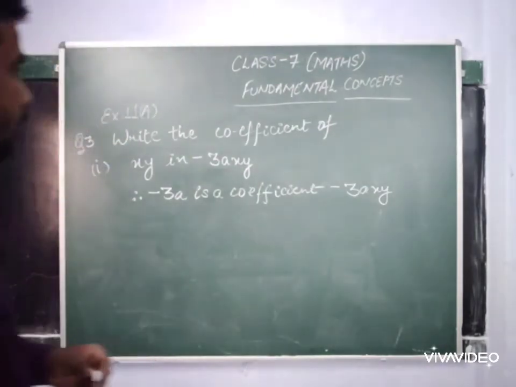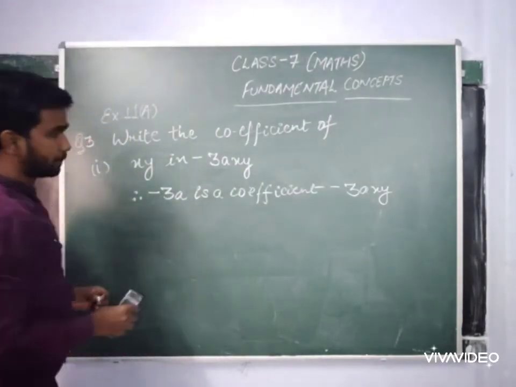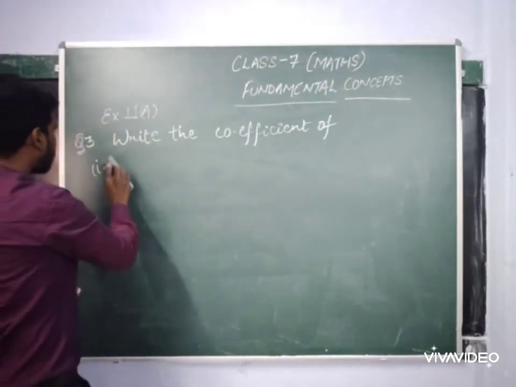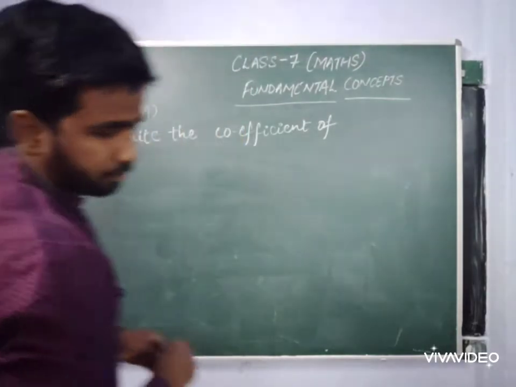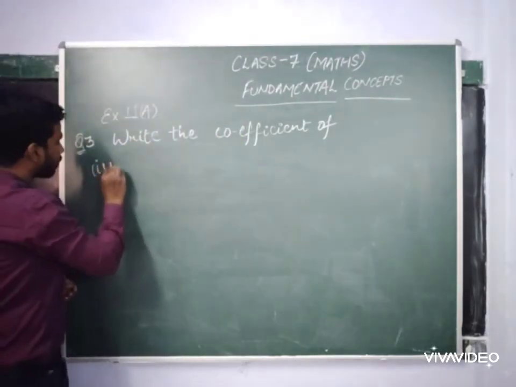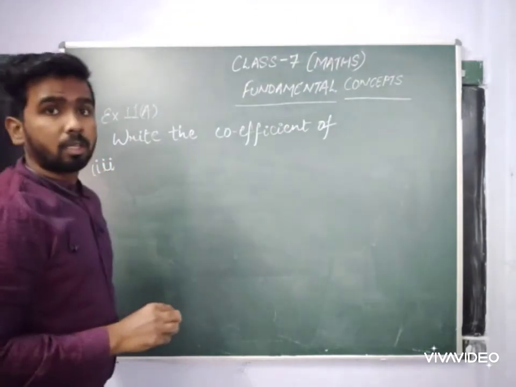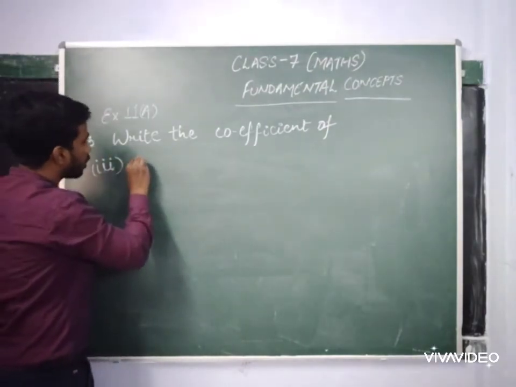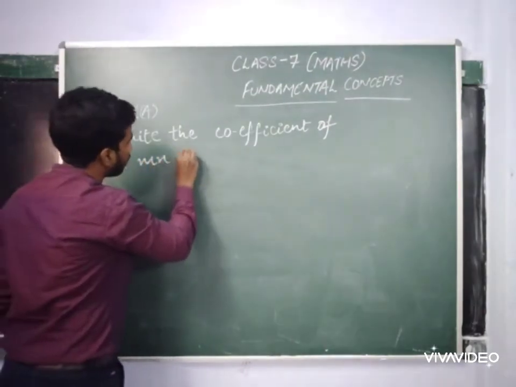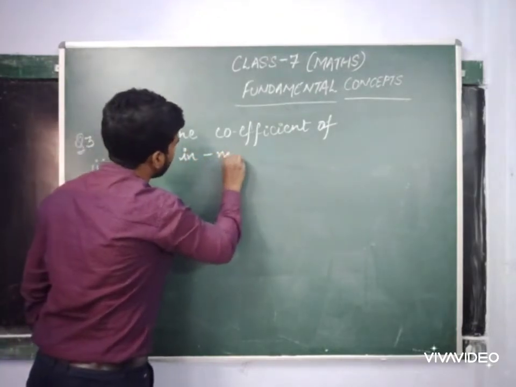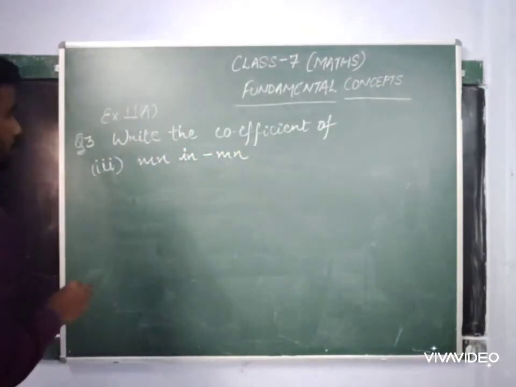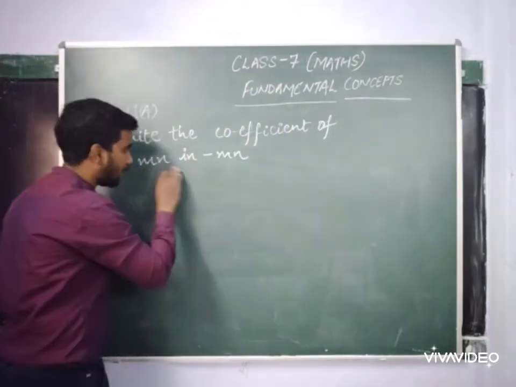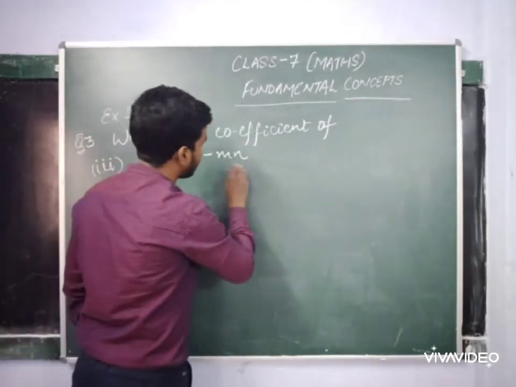Now I am moving on to the next part of this similar question. Okay, so the next part is saying mn in minus mn. Now you can see clearly that you have to write the coefficient of mn in the term minus mn.